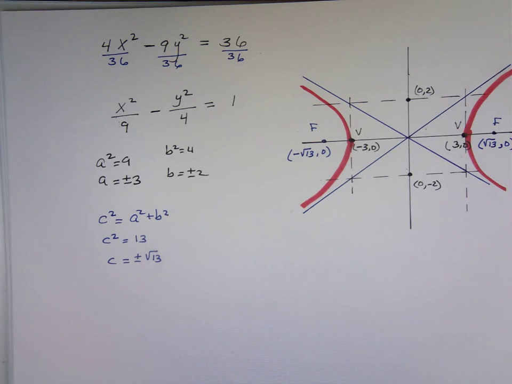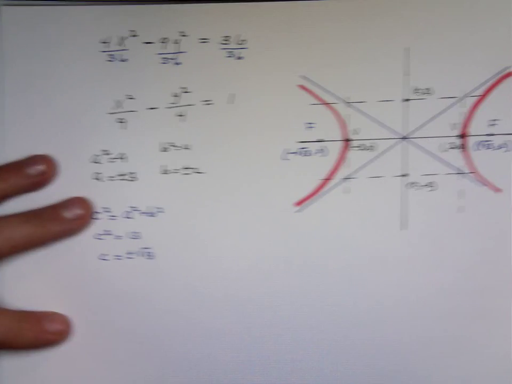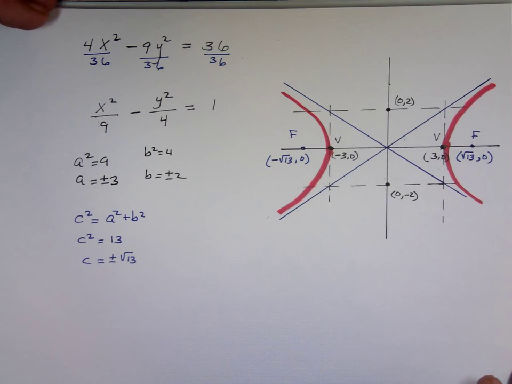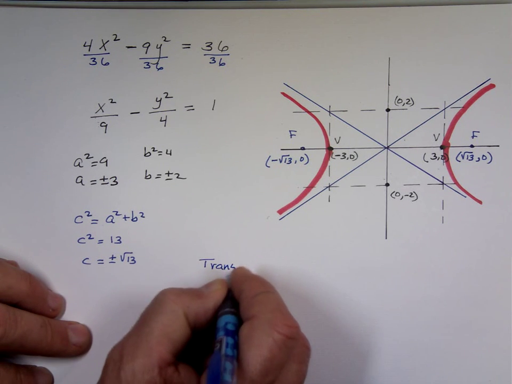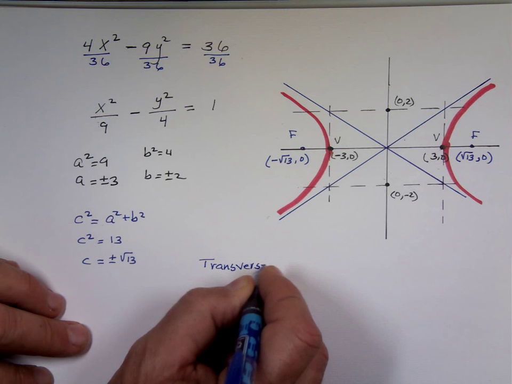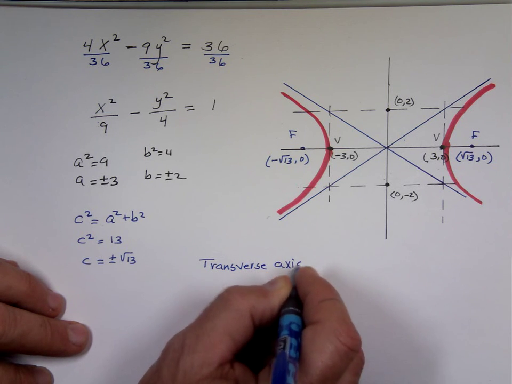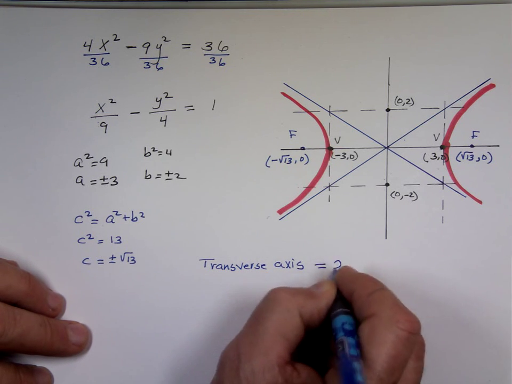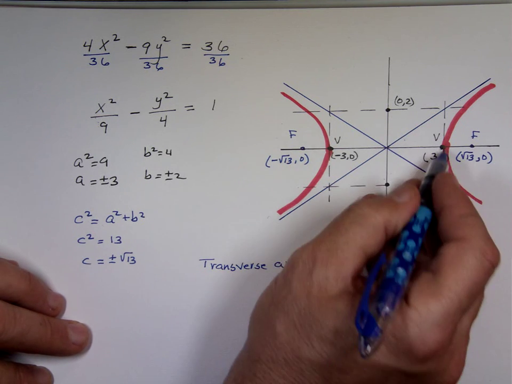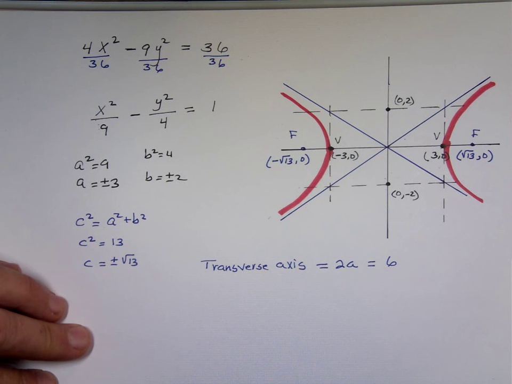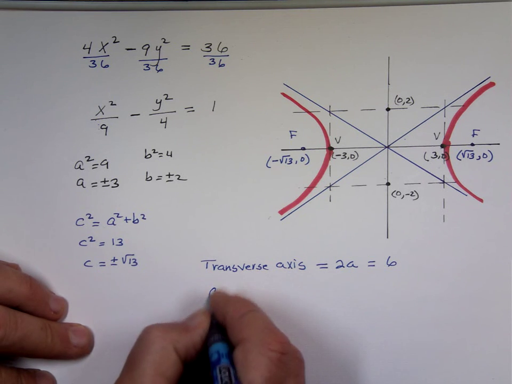If they ask you for exact number, you can leave it the square root of 13. Don't try to use the calculator there for that. Transverse axes. What's the distance from vertex to vertex? Is it 6? From here to here. Conjugate axes.